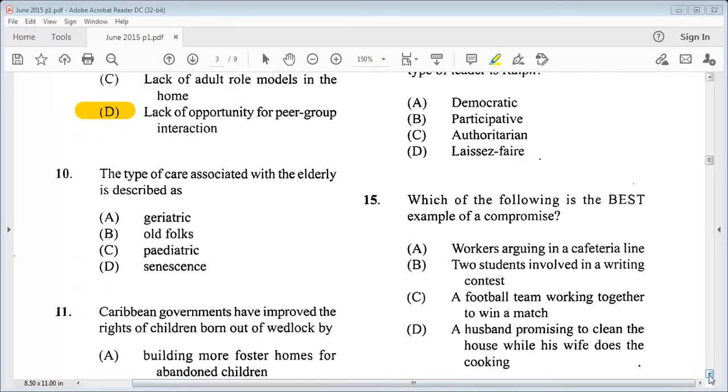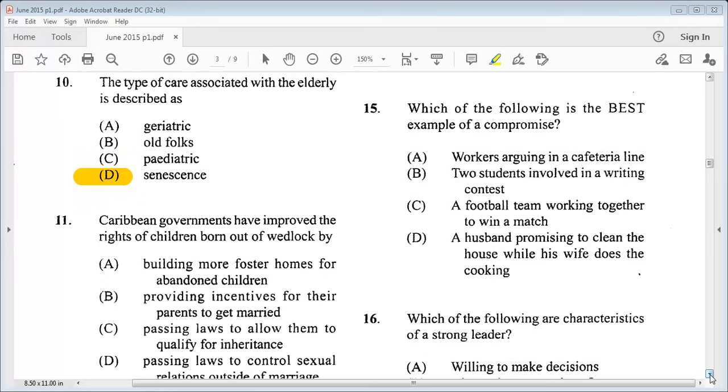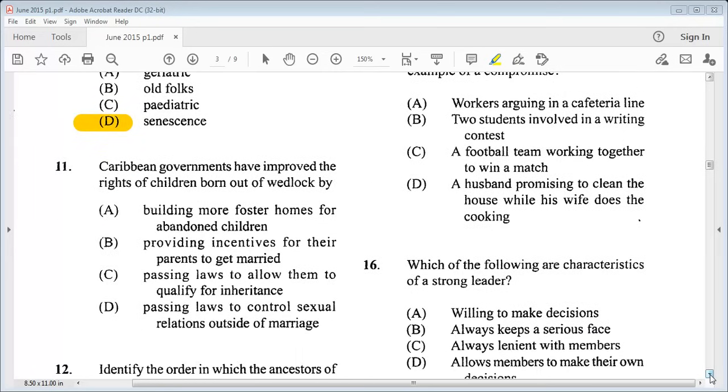Number 10. The type of care associated with the elderly is described as, we know it is D, senescence. Let's go on to number 11.